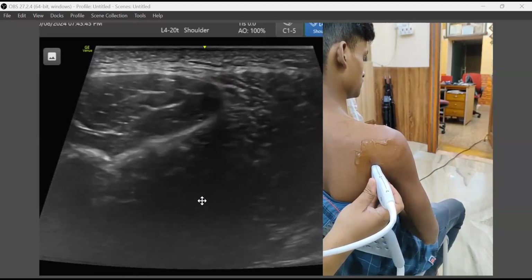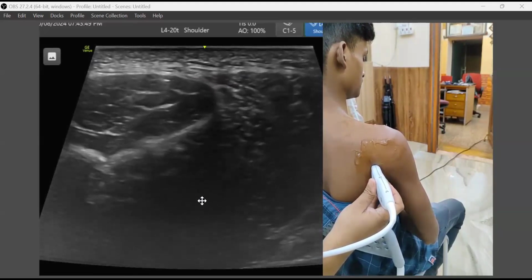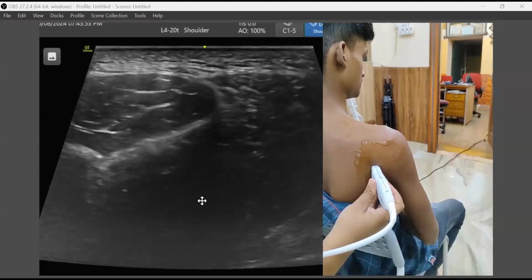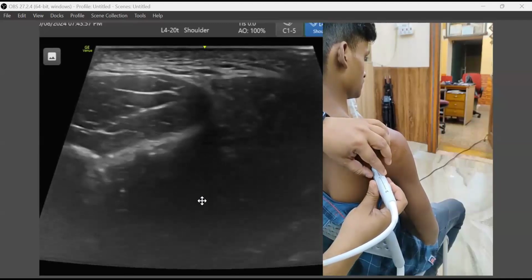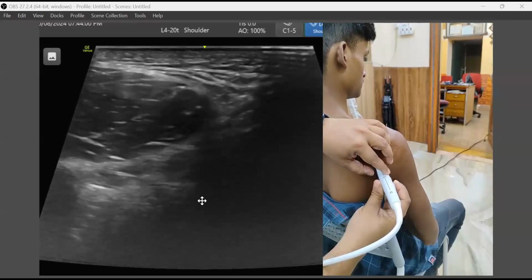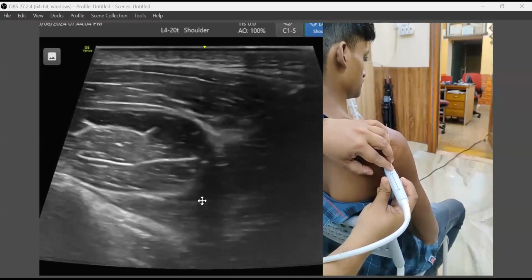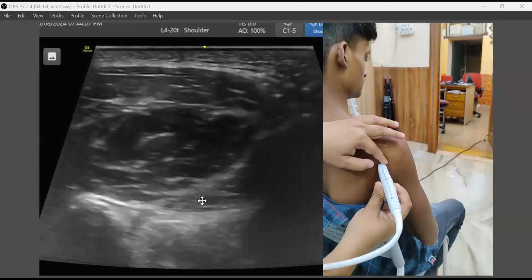So, anyone? Some muscle will come from below. If we go medial to lateral, it is the long head of triceps. Yes. So, as we are going laterally, just follow the teres minor, and I'm holding it in an opposite way. I think that's why it is not coming properly.